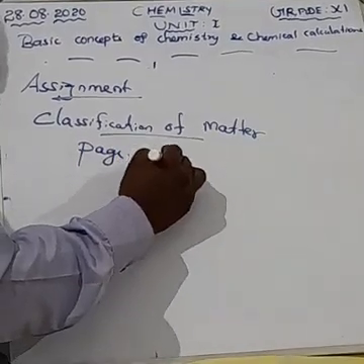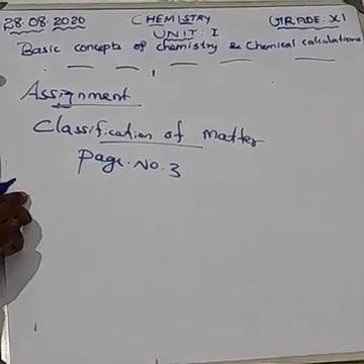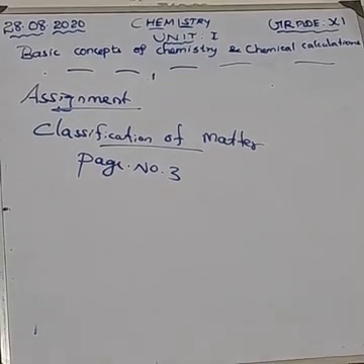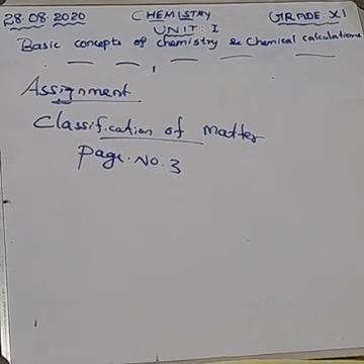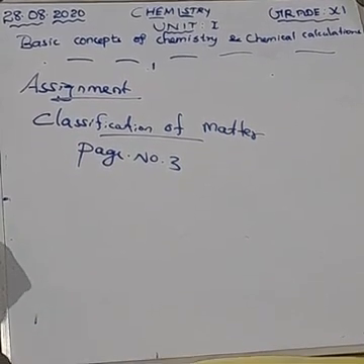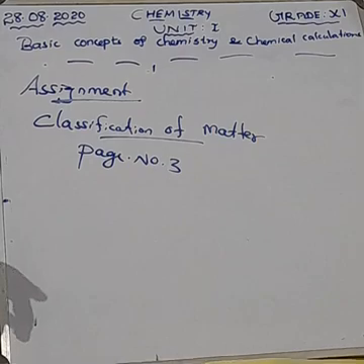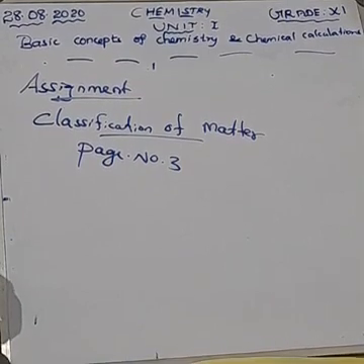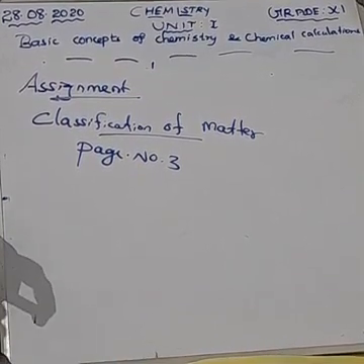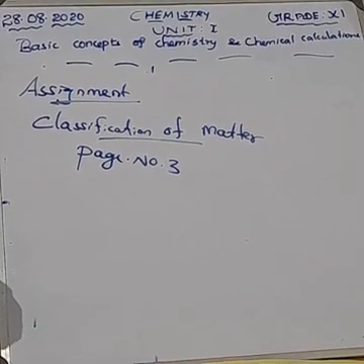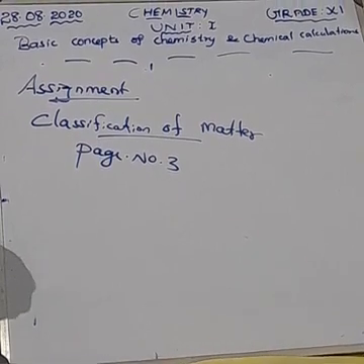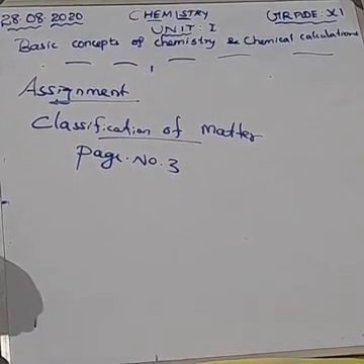At the top of the page, they have one small classification. Matter can be classified in two types: physical classification and chemical classification. Physical classification: mixture, homogeneous, heterogeneous. Chemical classification: pure substance, element, compound. Element example copper, compound example copper sulfate. This is a basic concept, everyone should learn.